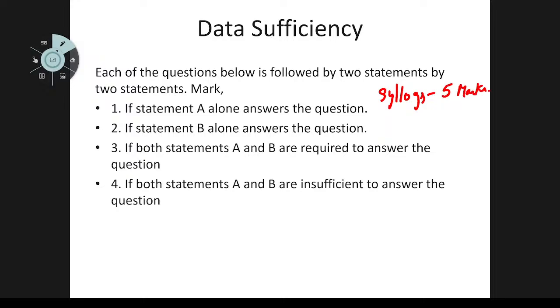Now, today we will complete data sufficiency and data interpretation. This will also have 5 marks, and this will also have 5 marks. So overall, the logical section, which has 15 marks, we are going to cover by today. So your logical part will be done.